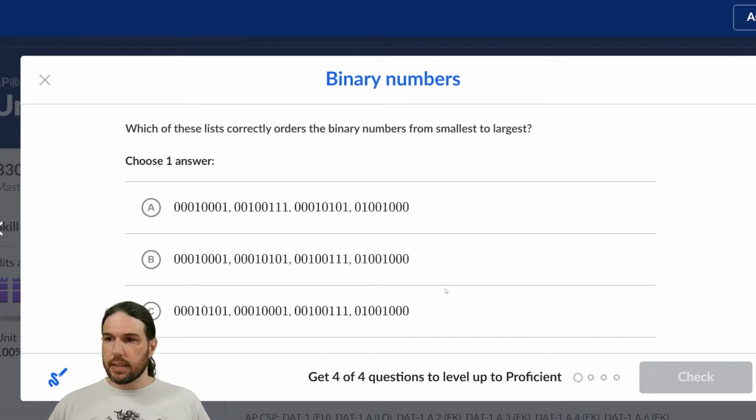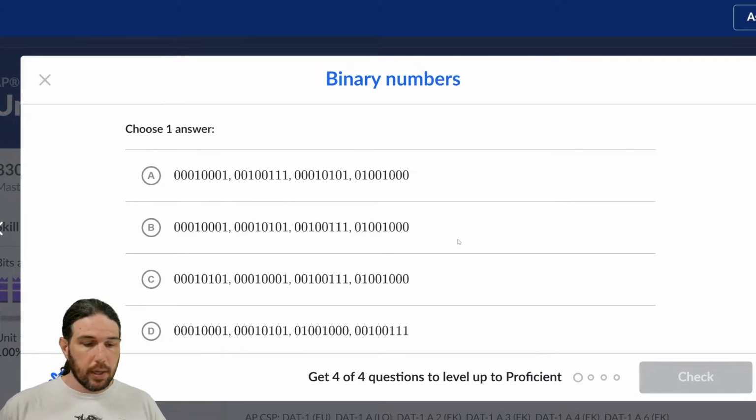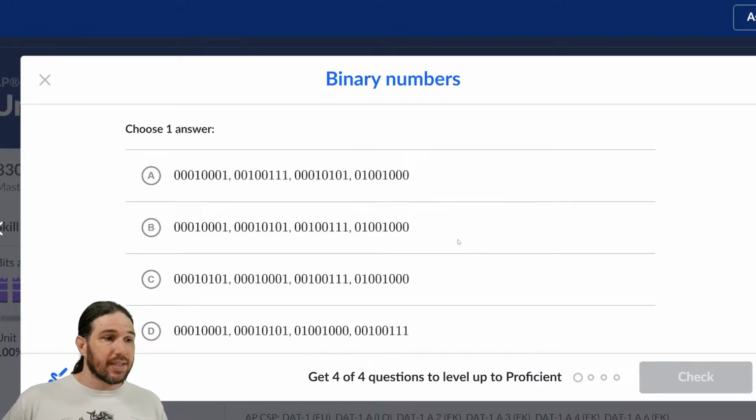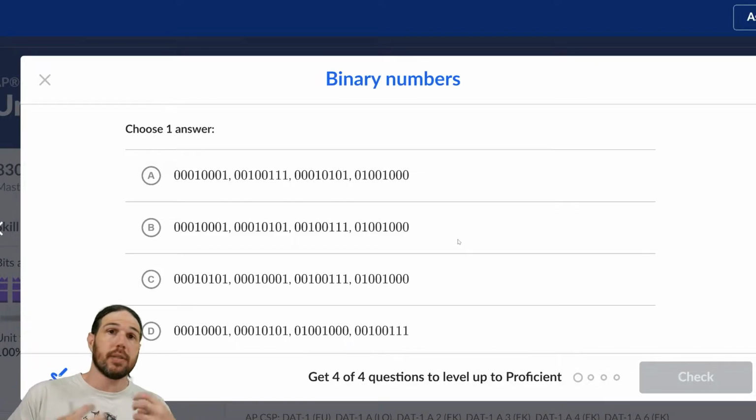Which of these lists correctly orders the binary numbers from smallest to largest? So we want to know which of these lists it from smallest to biggest. Now, I don't want to have to translate 16, I think, numbers into decimal. I would rather use some patterns to try to figure out which one is in the correct order without having to actually translate it into decimal.